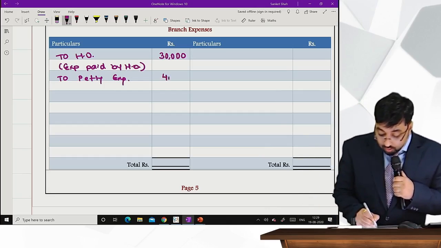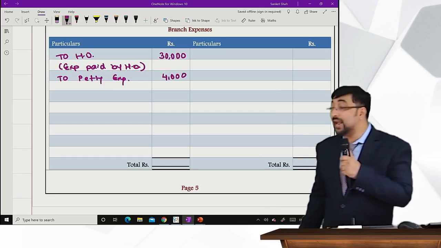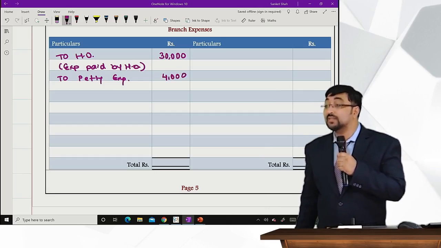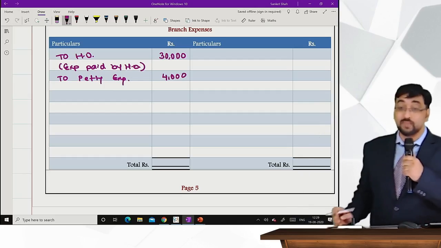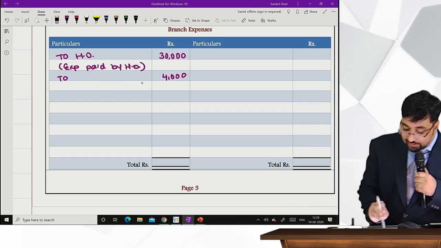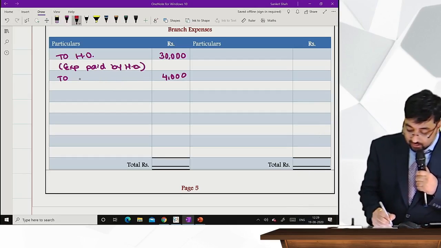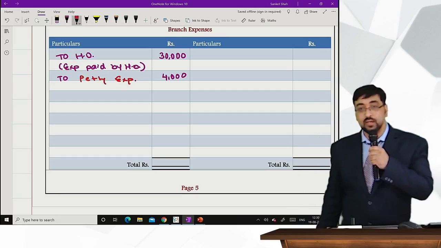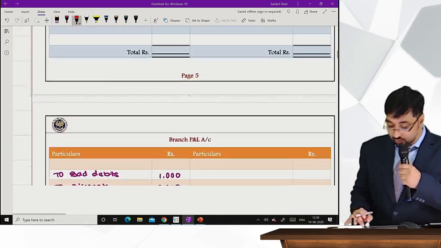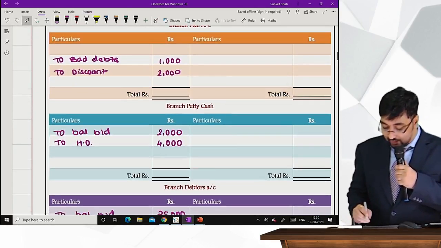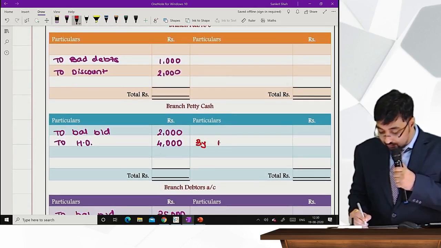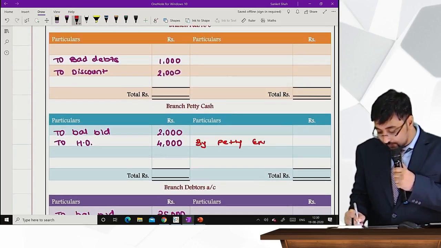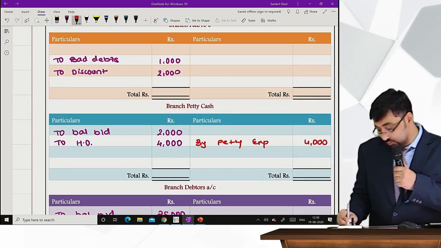So don't forget to write petty expense in expense account because to petty expenses is important. Write it down by red pen, otherwise I will write it by red pen. To petty expense 4,000, and second effect we are going to give it in branch petty cash account by petty expense 4,000.